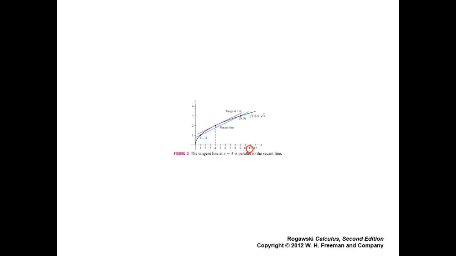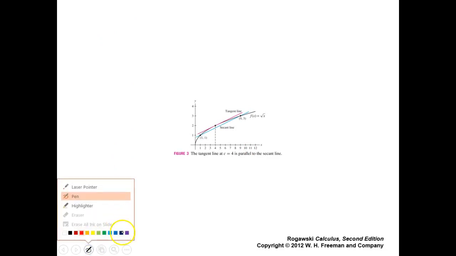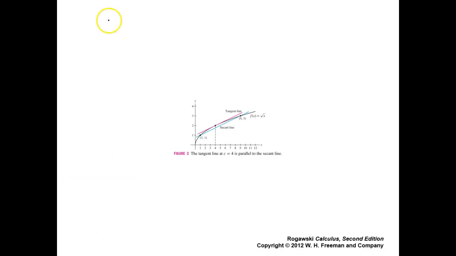So the slope of the secant line, f prime of c, is going to be f of b, which was 3, minus 1 over 9 minus 1, which would be 2/8, which is 1/4.